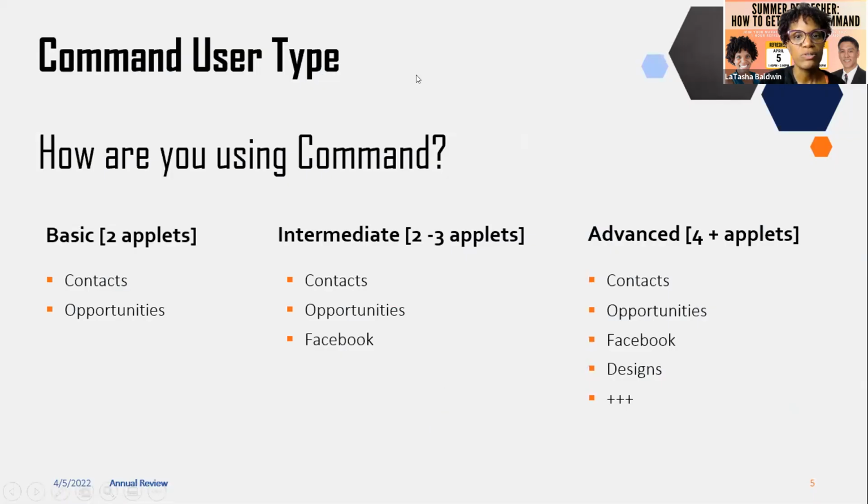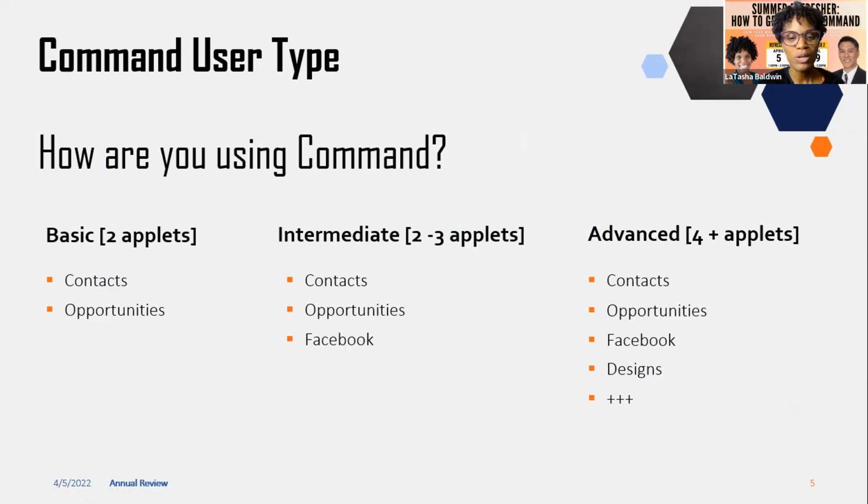All right, so command users. The reason why I want to start out with this is because Carrie and I talked about this, and we just want to make sure that you understand how people are using command and, more importantly, how you're using command. So if you can put in the chat where you are in terms of user type, and it's okay if you are at 2 and or under.